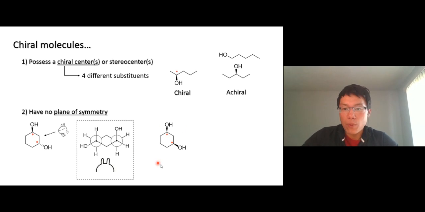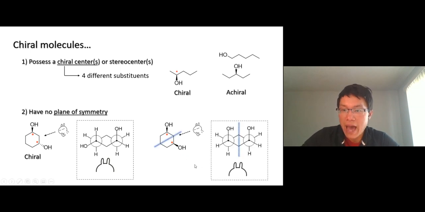On the other one, this guy right here, this has a plane of symmetry. All right, I'm going to have Tusky look through the bond like that. So 2 chiral centers, but this guy has a plane of symmetry. That in the middle right there, that's a plane of symmetry. Imagine an imaginary line. A plane of symmetry shows that the left side and the right side look the same, basically. Okay, this one doesn't look the same.